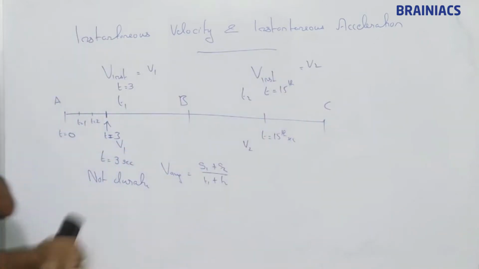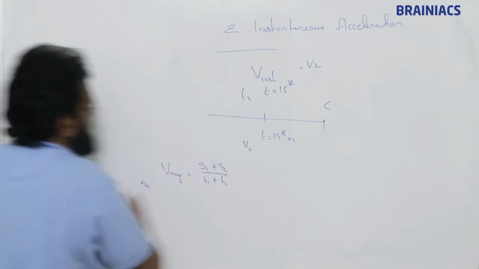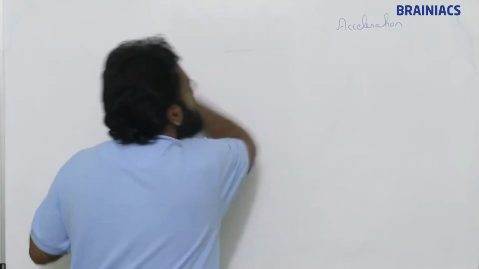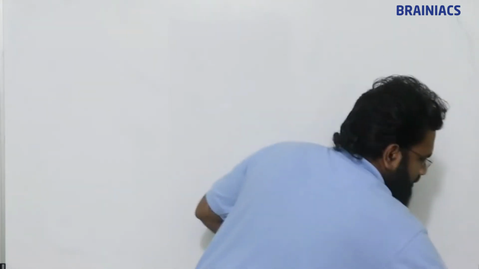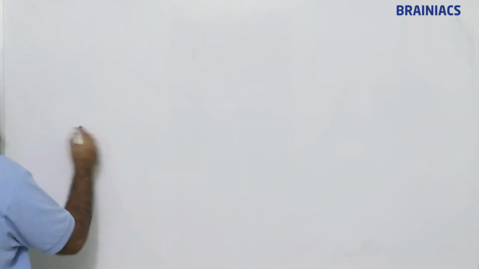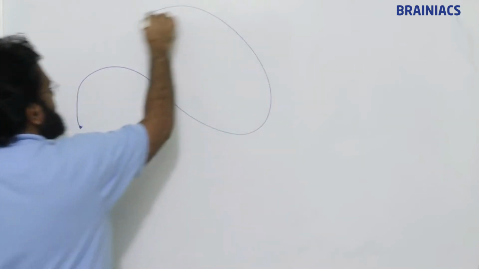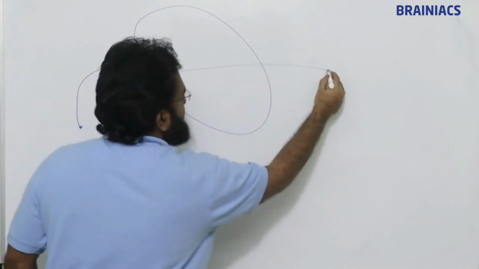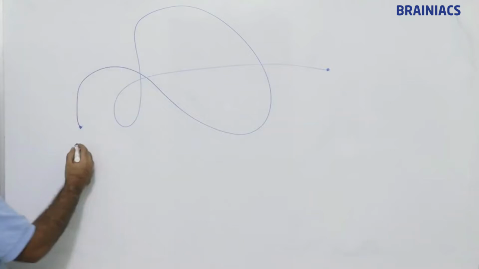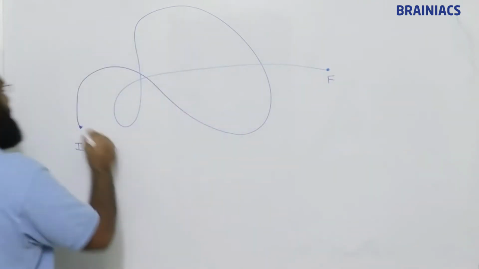Okay, now you note it down, pause the screen, note all the data, understand it well. Now suppose someone started from here, moving like this. This is the initial point, this is the final point. They took all these paths.